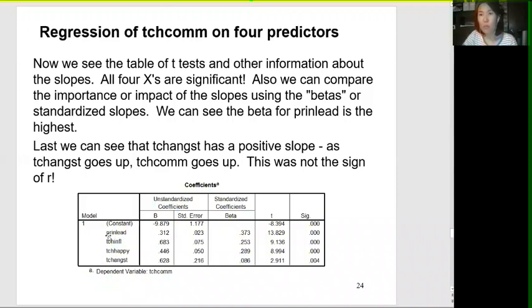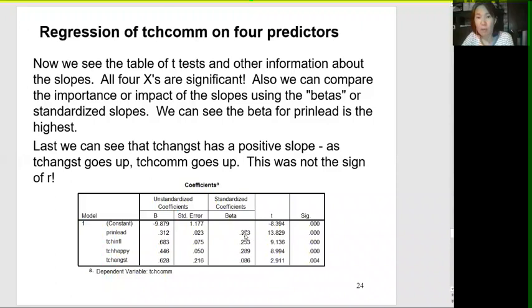One uses pounds, one uses feet. Then you don't compare two different units using these numbers, since they have different meanings. So what should we do? We have to standardize them. Then they become scale-free. How could we do it? We just divide this unstandardized coefficient by the standard deviation.